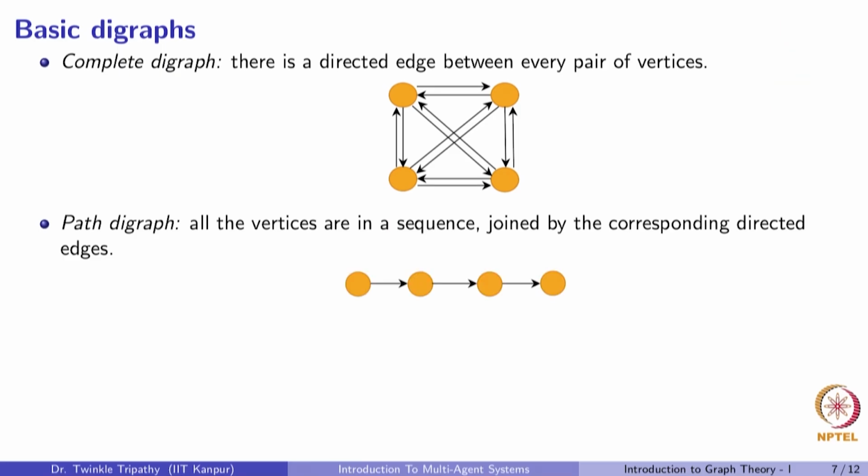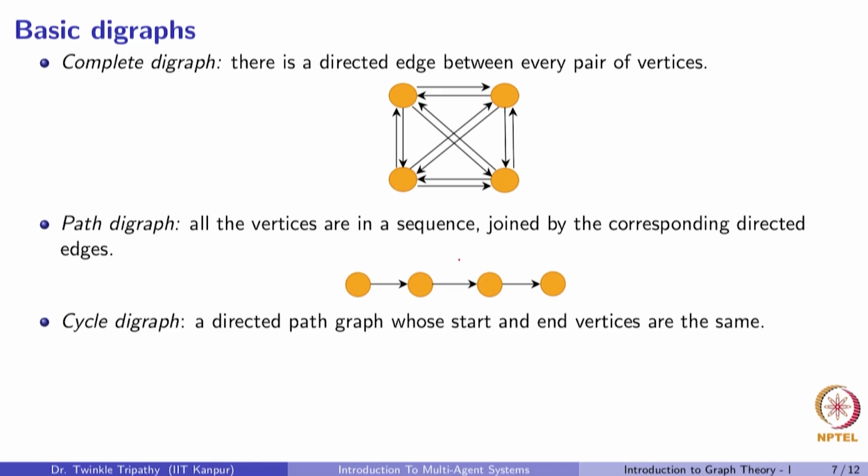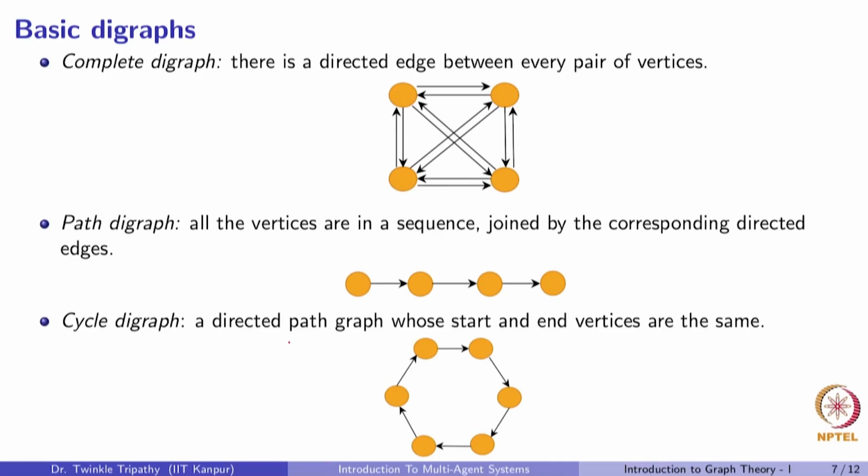So a path digraph is simply a path graph which has directed edges. Similarly, a cycle digraph is again a cycle graph with directed edges. So these are some basic graph structures that we will keep using throughout the course to illustrate various distributed algorithms.